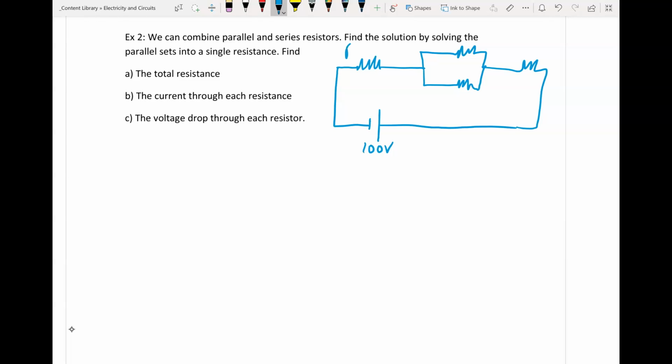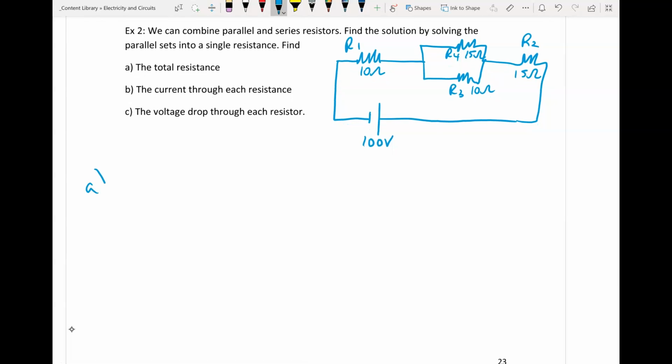So this is called R1, and it's going to be 10 ohms. This can be R2, and that's going to be 15 ohms. This is R3, and it'll be 10 ohms. And lastly, this will be R4 at 15 ohms.